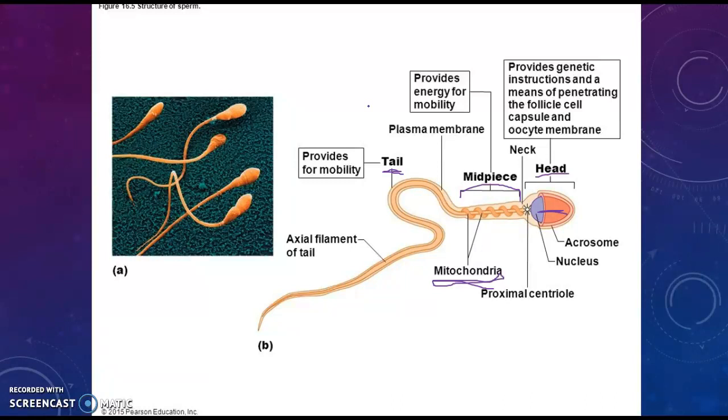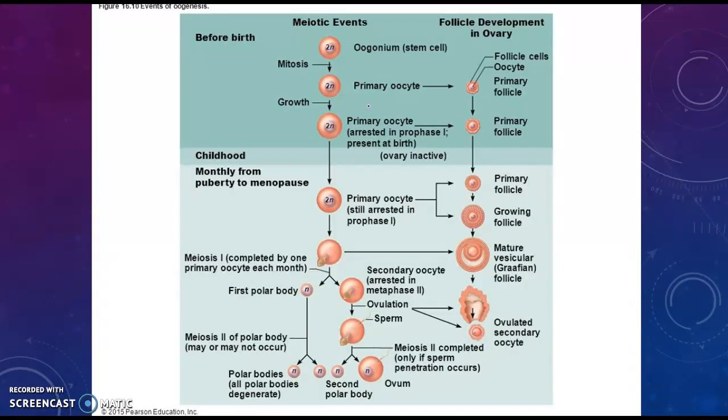Sperm are very simple. Literally all they have is some mitochondria to produce ATP to make the tail move, and then the DNA in the head. They don't have all those other organelles that are needed for a cell. Those are all stored in the egg.